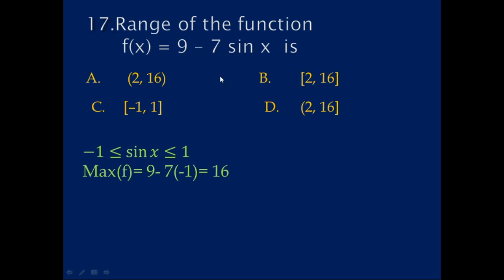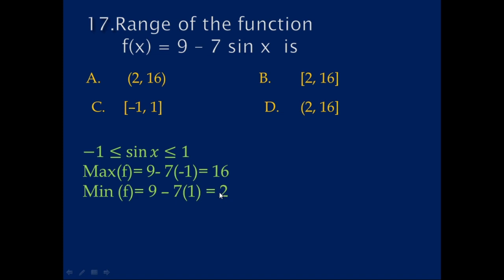The minimum value of sin x is minus 1. Therefore, 9 minus 7 times minus 1, minus minus plus, 9 plus 7 is 16.